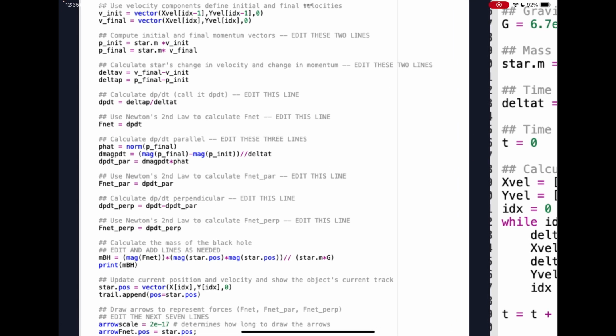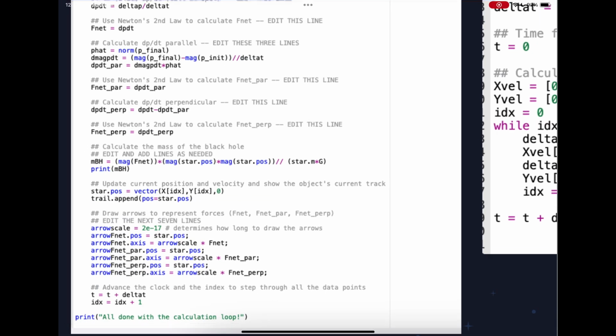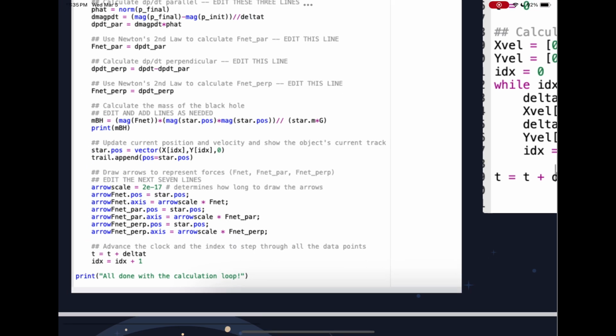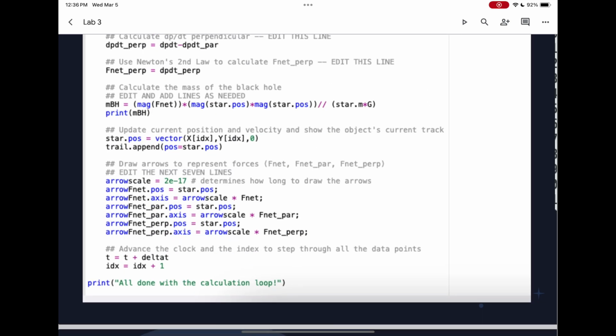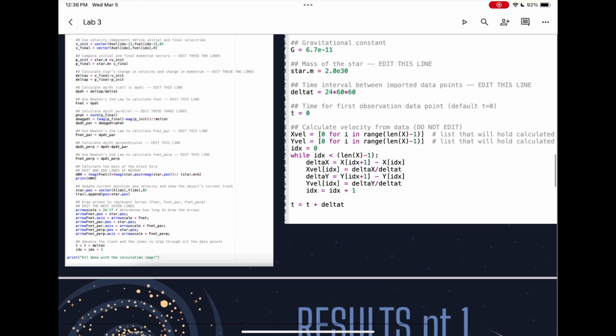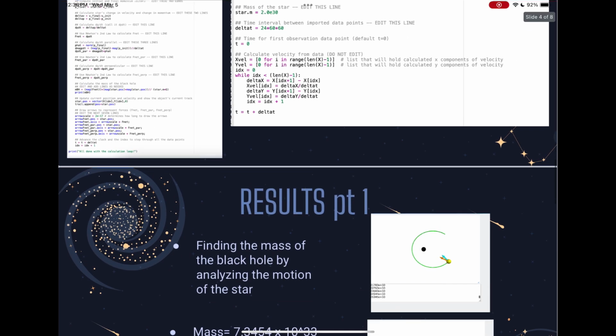So you can see we calculate the perpendicular force here, and then the parallel force, and then to find the black hole, we take the force times the star's position over the mass to find the total mass of the star. And we do this at every point around the graph.